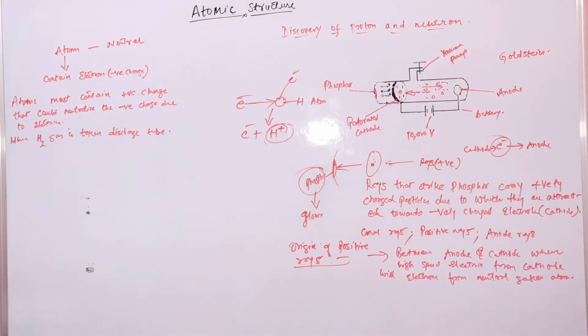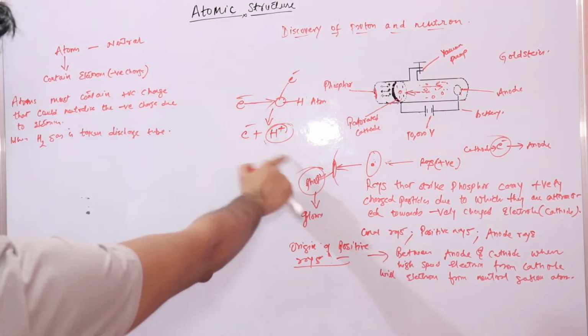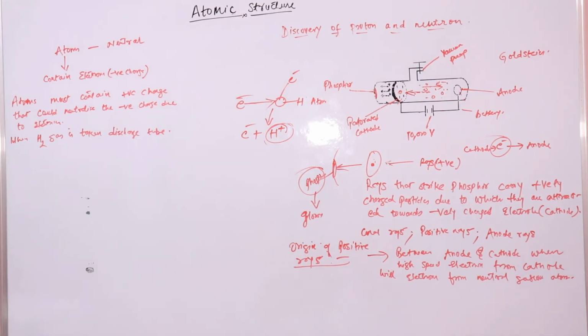So these hydrogen ions, which form the positive rays, are the lightest particles compared to other particles. Suppose you take some other gas in this discharge tube, then the positive particles would be heavier than hydrogen.